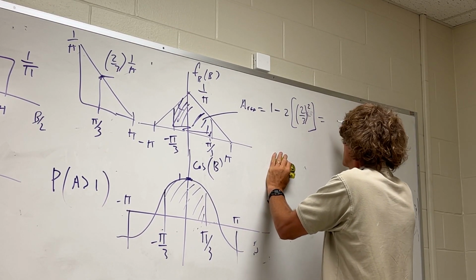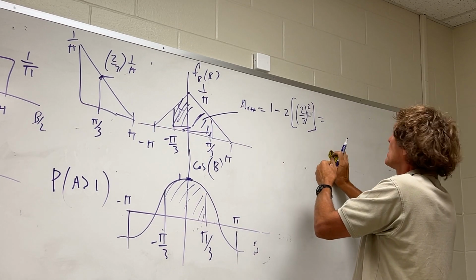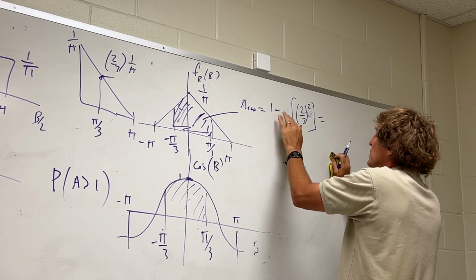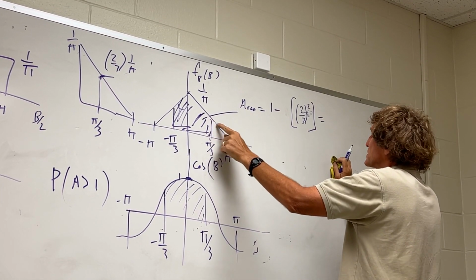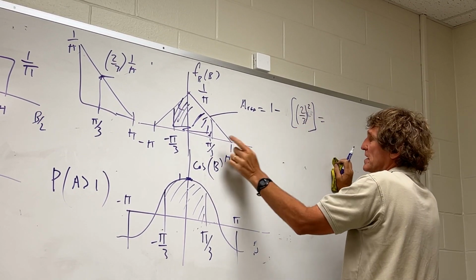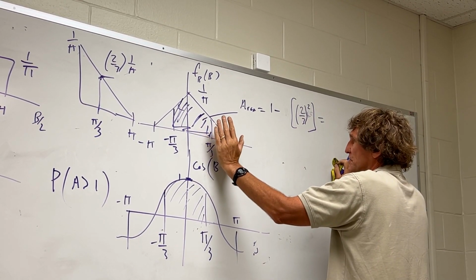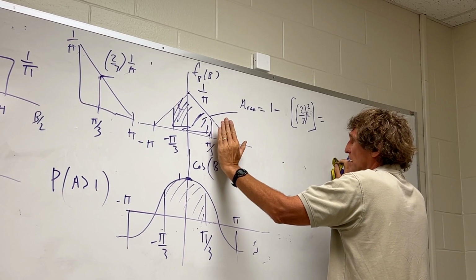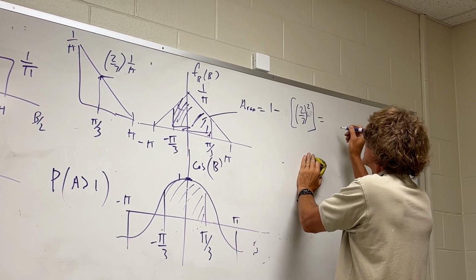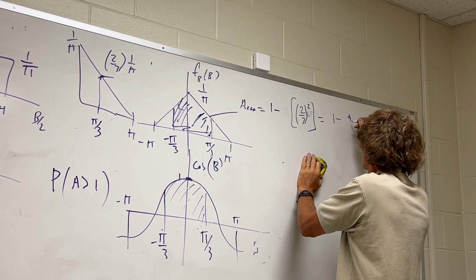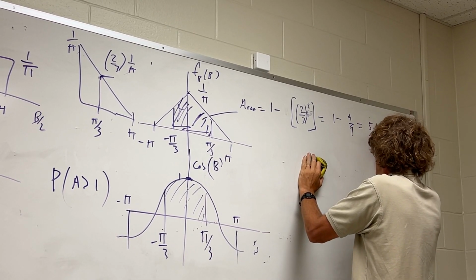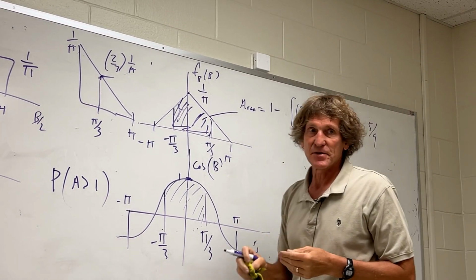Is that right? Oh, no, the 2 goes away because if I took this right here, this times this, I'm going to get 2/3. I'd multiply it by 2. So it's really 1 minus that, which is 1 minus 4 over 9, is 5/9. And I think that's the answer he has.